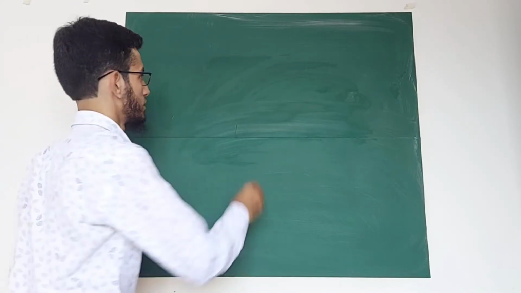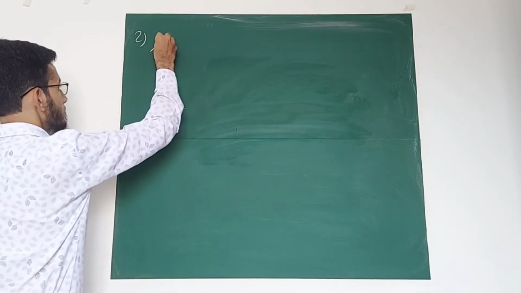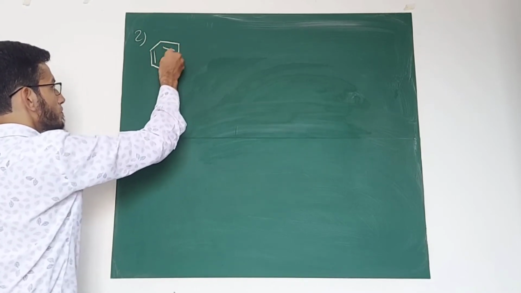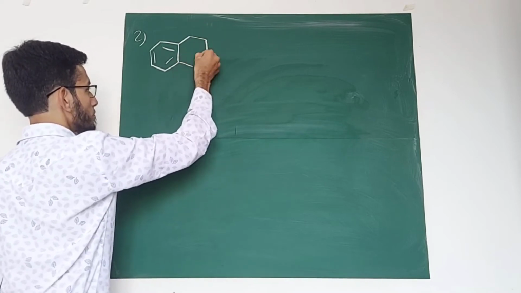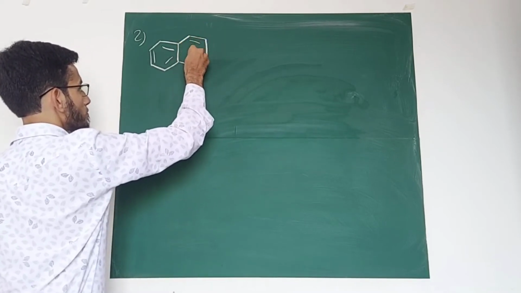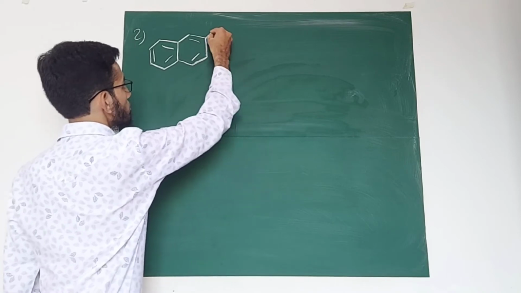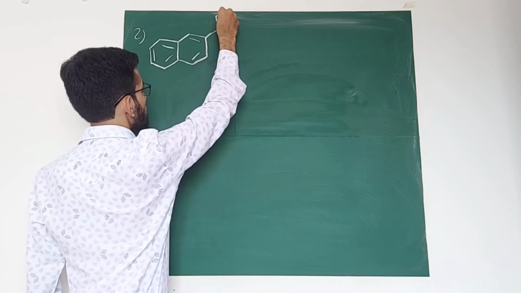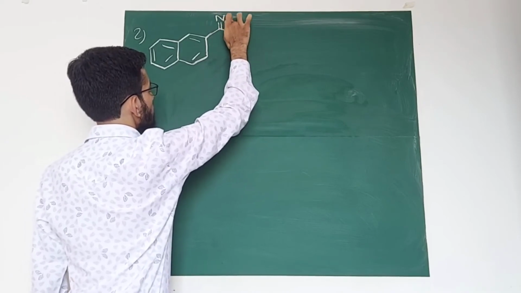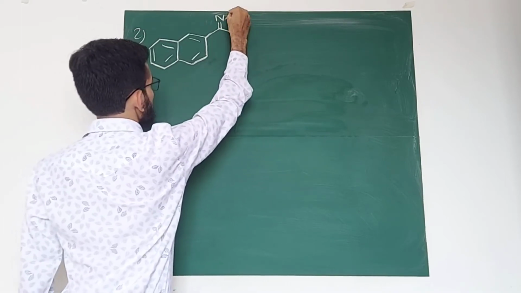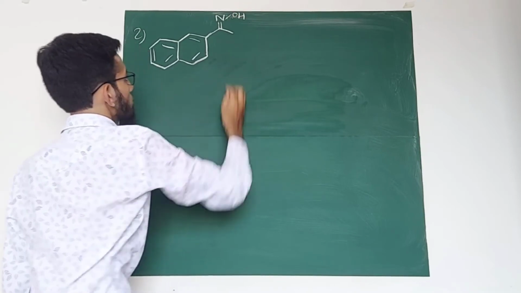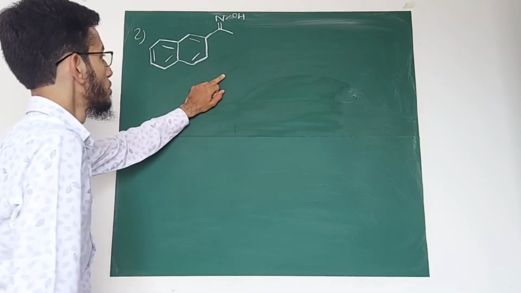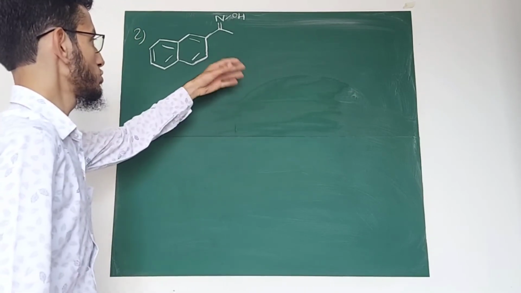Let's go to the second example. The OH group is here, so its anti position is this.